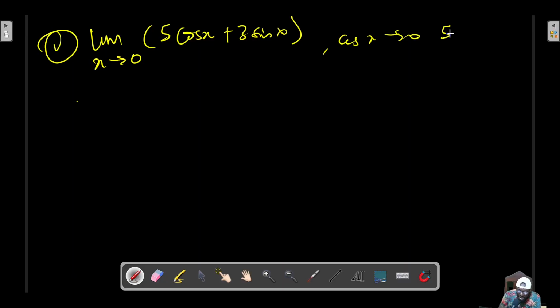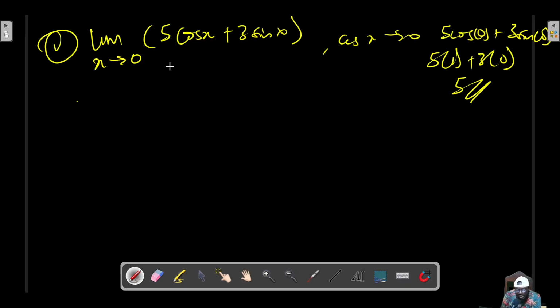We end up with 5 cos 0 plus 3 sine 0. Cos 0 is 1, so we have 5 times 1. Sine 0 is 0, so 3 times 0. We end up with 5. So our answer for this limit expression is 5. We are starting light, so let's move on to the second question.